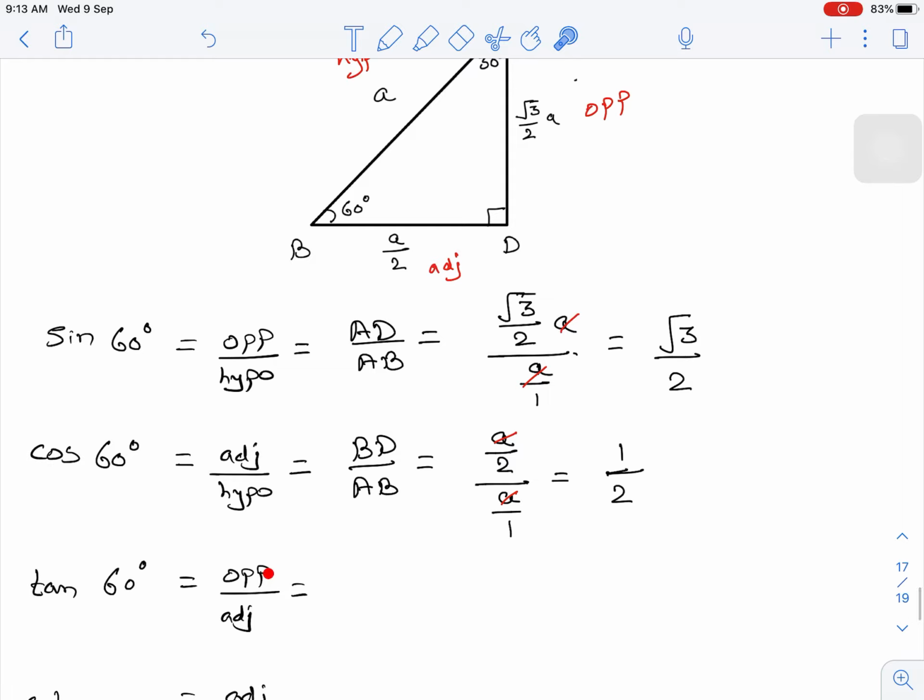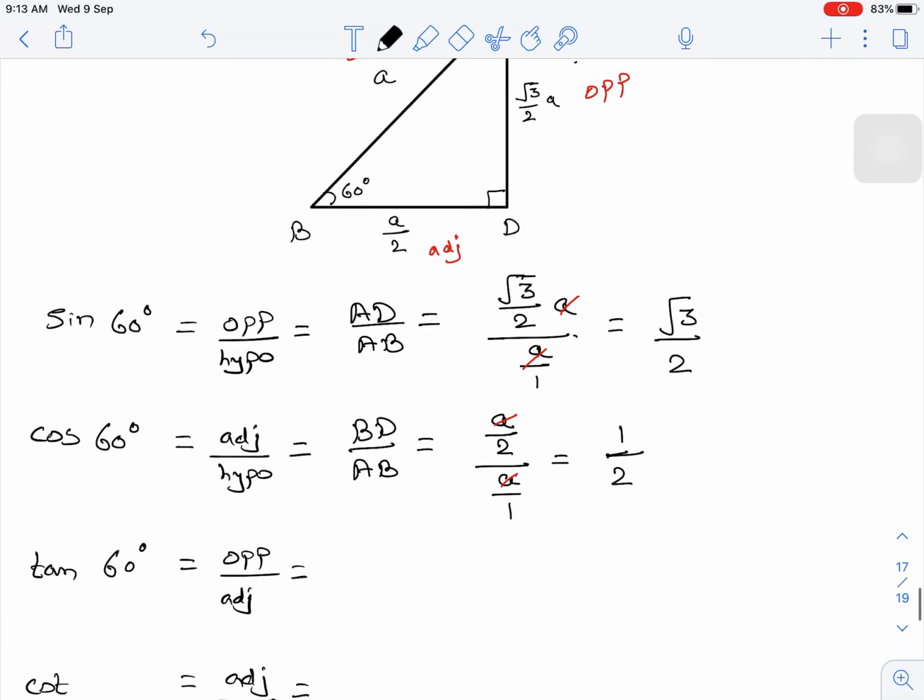Now tan 60 equals opposite upon adjacent, that is AD upon BD, that equals, now value of AD is root 3 upon 2a divided by value of BD, which is a upon 2. So this a and a will get cancelled. This 2 and 2 will get cancelled, so finally you will be having only root 3.